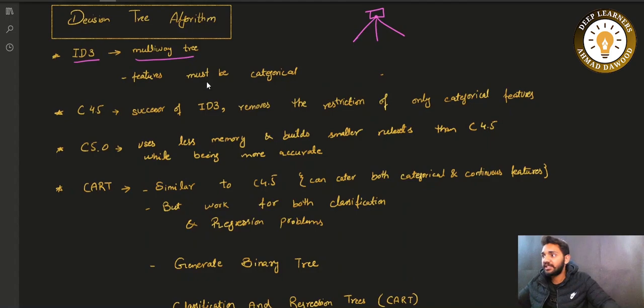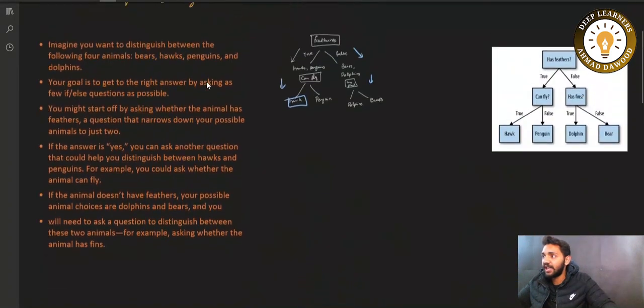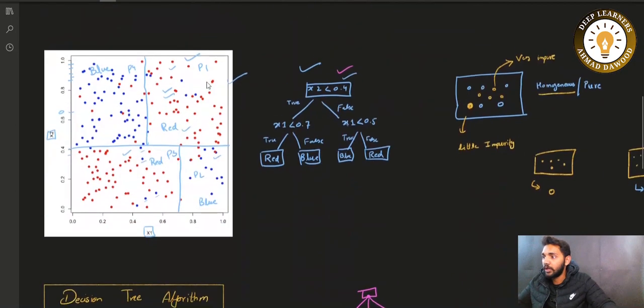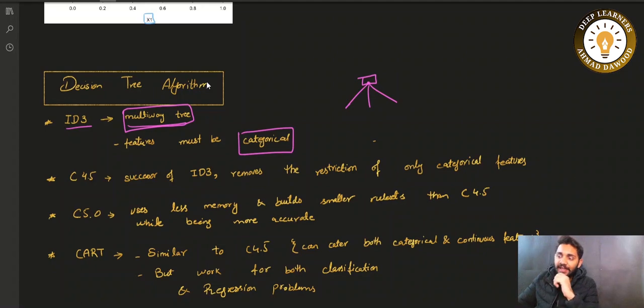Here you can see that the tree we have been drawing has just two branches at each node, but ID3 can build a tree which can have multiple branches. But its limitation is that in ID3 the features must be categorical. It means it cannot work on numerical independent variables.